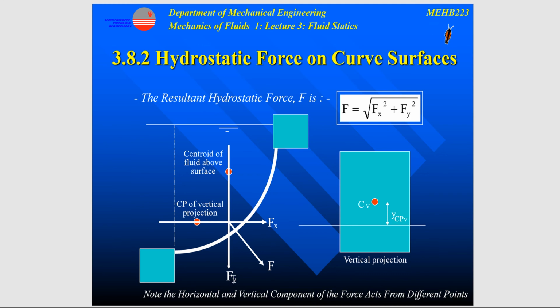So what is Fx and Fy and how do we determine them? You can actually use the same equations for planar surfaces to find Fx and Fy. So I will show you the steps.